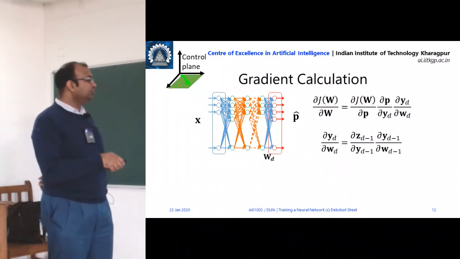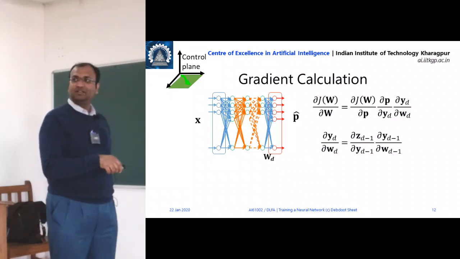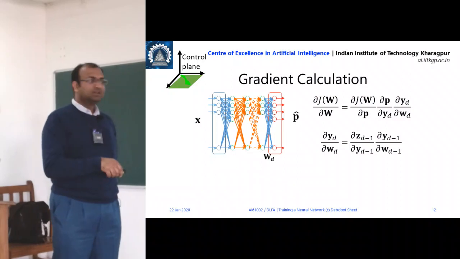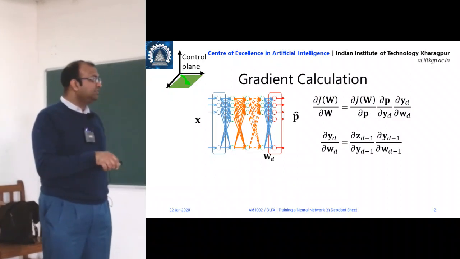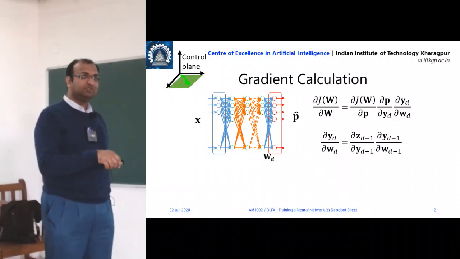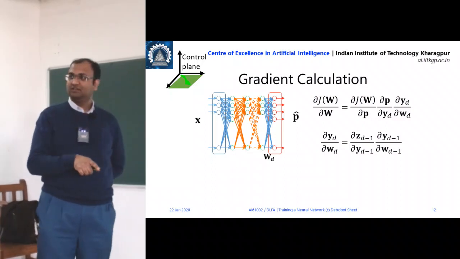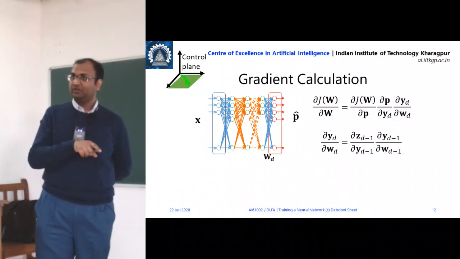Now if this is my d minus 1th layer over here, it has an output which is essentially z of d minus 1. Okay, then that whole derivative can again be described in terms of its own vectors over there, point by point.